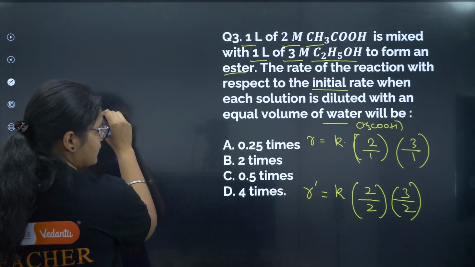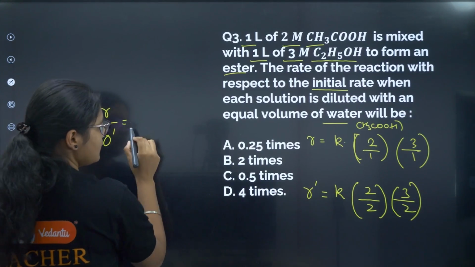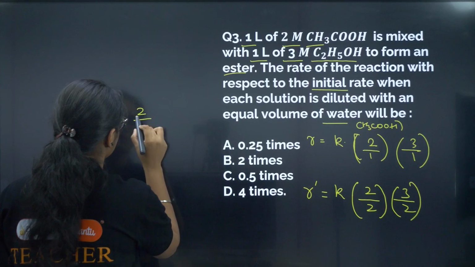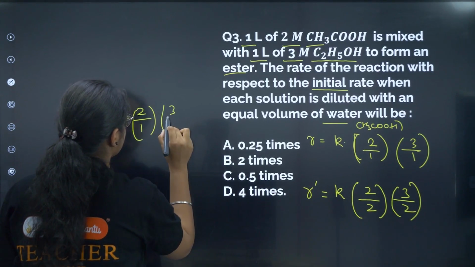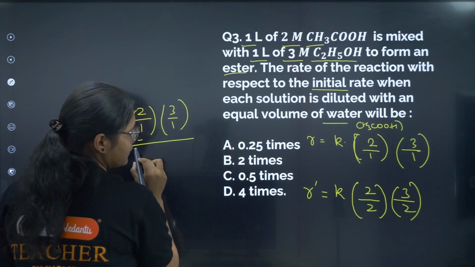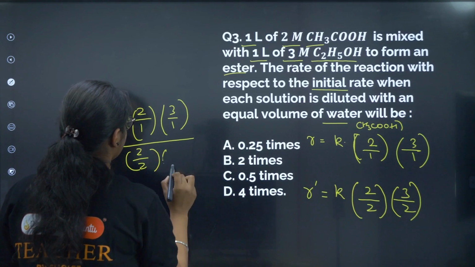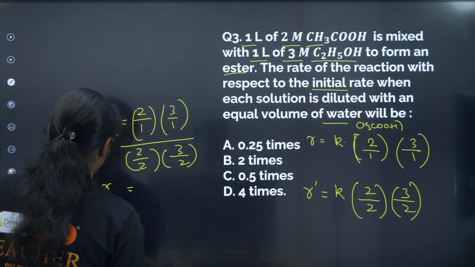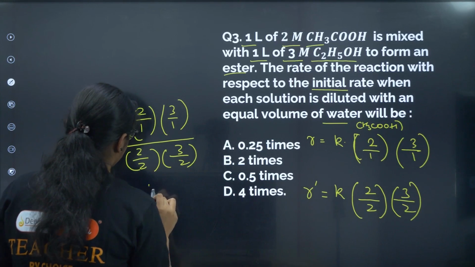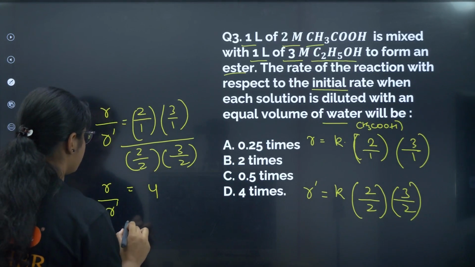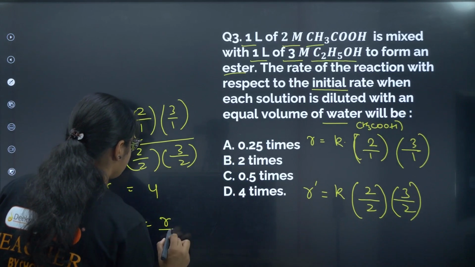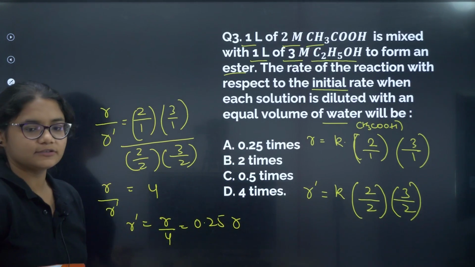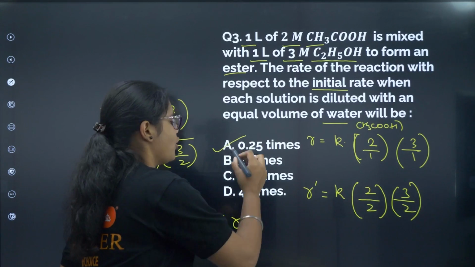R by R dash is 2 by 1 into 3 by 1 whole divided by 2 by 2 into 3 by 2. If I solve this, R by R dash is 4. So R dash is R by 4, or 0.25 times the initial rate. So the correct answer for this question will be option A.